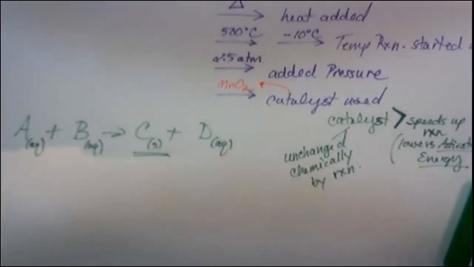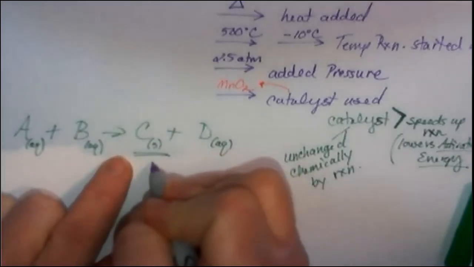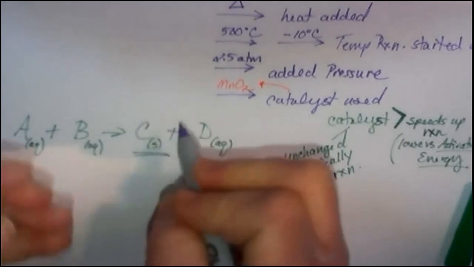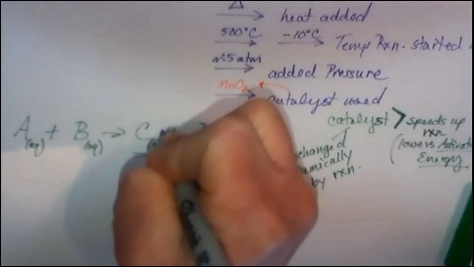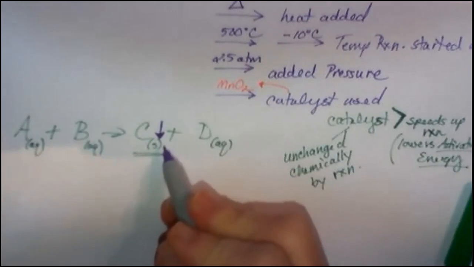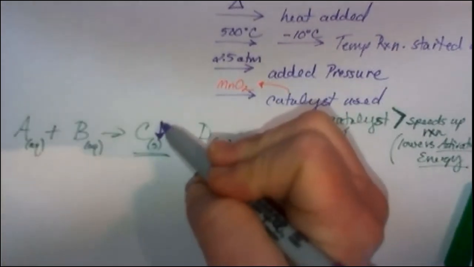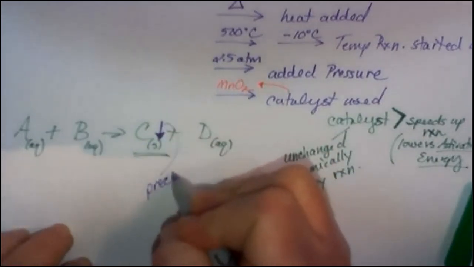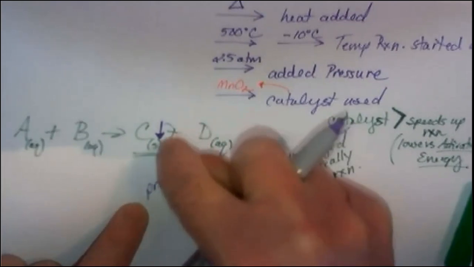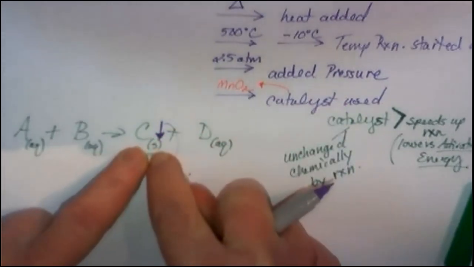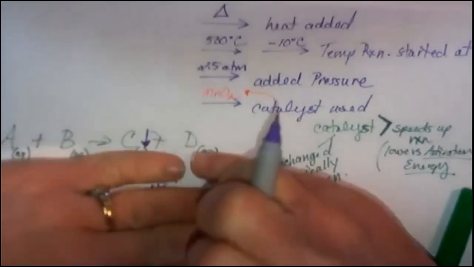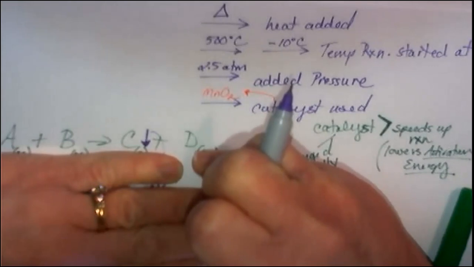We can see that because it gets cloudy, but also this is no longer soluble in water, so it will fall to the bottom of your vessel. Sometimes in a chemical reaction, you'll see a down arrow, and that means you're producing a precipitate. We could see the down arrow in addition to the phase symbol, or phase symbols may be absent, letting us know we're forming a precipitate.